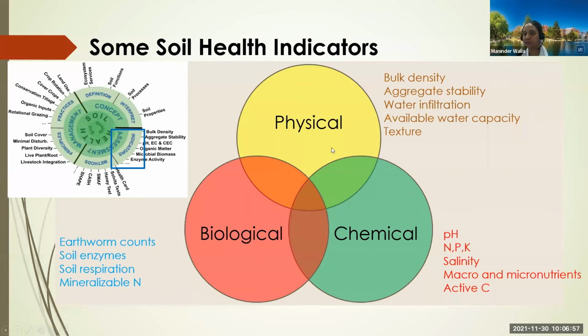In the physical category, we have the bulk density, which is the indicator of soil compaction, how much the soil is compacted. And then we have the aggregate stability. It refers to the ability of the soil aggregates to resist disintegration by disruptive forces, such as wind, water, erosion, and tillage, how strongly the aggregates stick together.